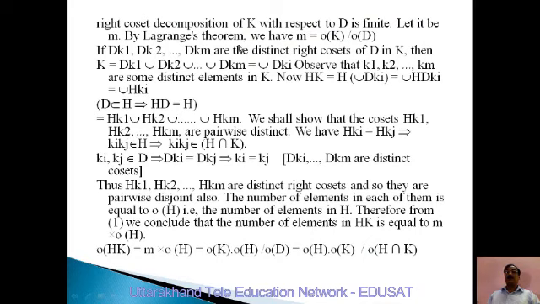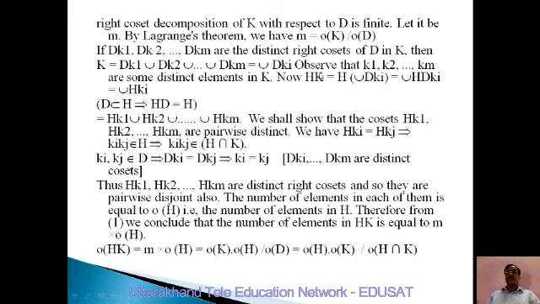By Lagrange's theorem, m equals order of K over order of D. If Dk1, Dk2, ..., Dkm are distinct right cosets of D in K, then K is written as the union Dk1 union Dk2 and so on Dkm. Observe that k1, k2, ..., km are some distinct elements in K.